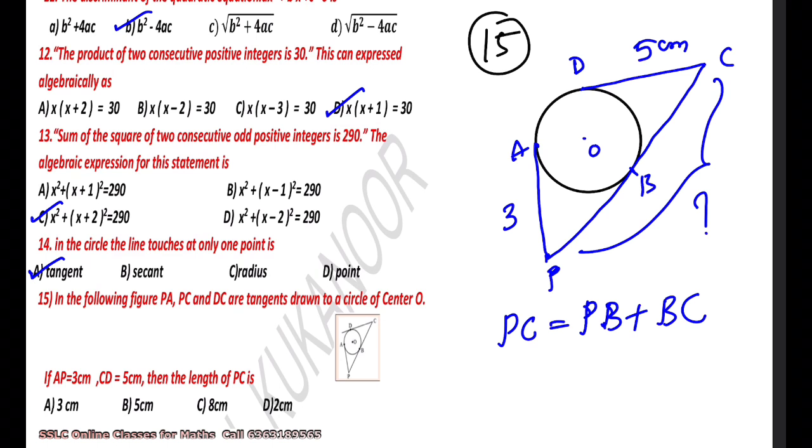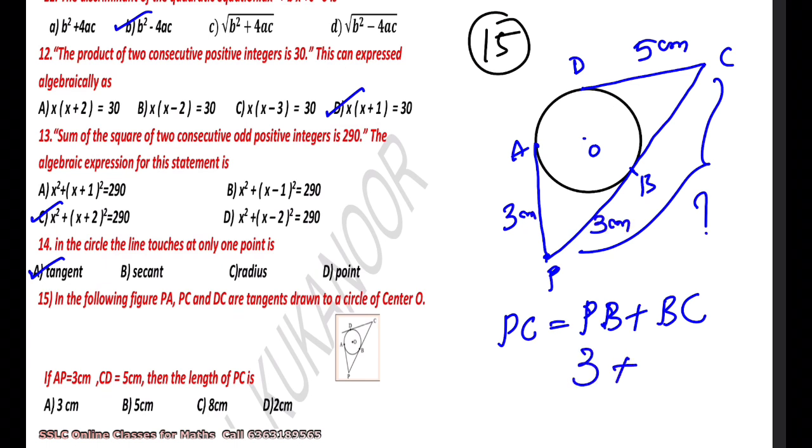Now you can see PB is a tangent, PA is a tangent, both are coming from the same point P. It means the tangents are equal. If this is 3 centimeter, then this is also 3 centimeter.